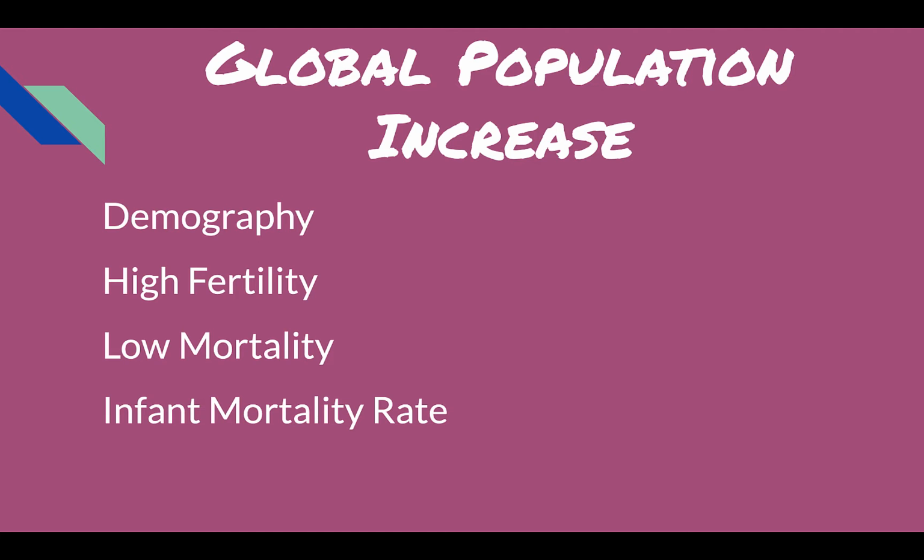So if you have large population growth, that means you have high fertility, meaning having a lot of children, right? And low mortality, meaning living much longer and not dying until they're in old age, right? And that's going to produce large population increases.